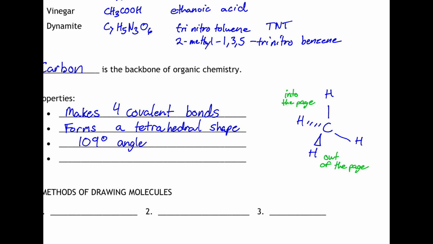So this particular angle, between those two, is 109 degrees. So it's not a 90 like a square would be. It's 109. And the best thing about carbon, and why we use it as an entire branch of chemistry, is it can make long chains.